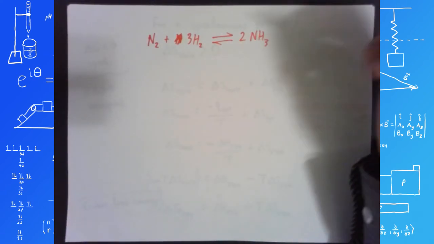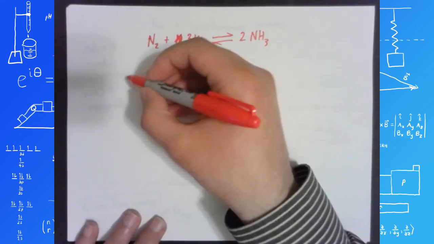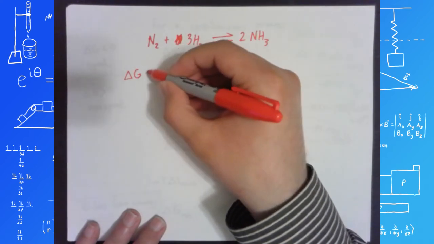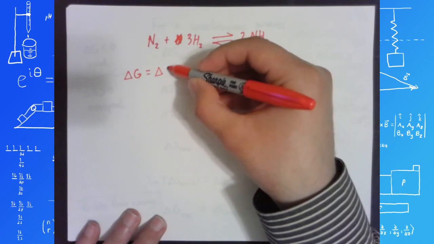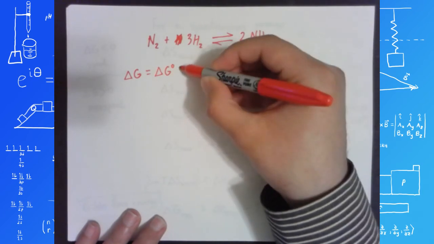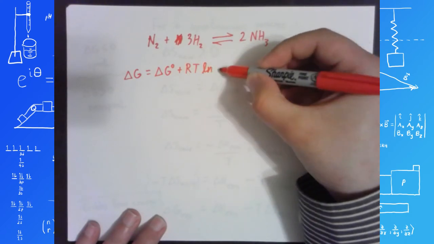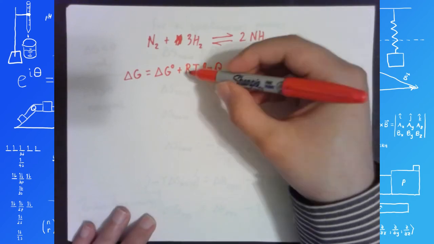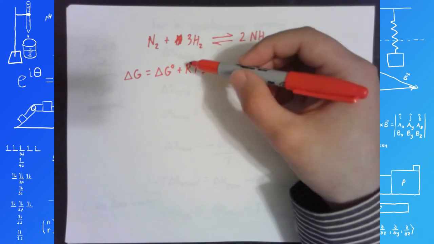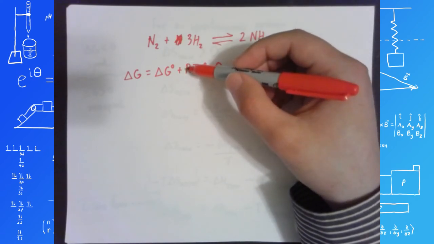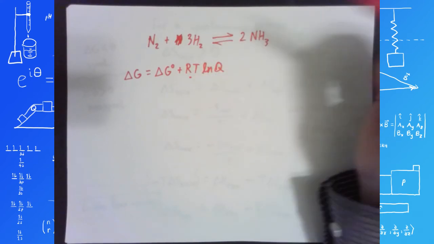So if I wanted to calculate delta G at some point in this process, then I would say that delta G equals some sort of standard delta G value plus RT natural log of Q, where R is the ideal gas constant in joules or kilojoules per mole Kelvin, typically kilojoules, so 8.314 times 10 to the negative 3.